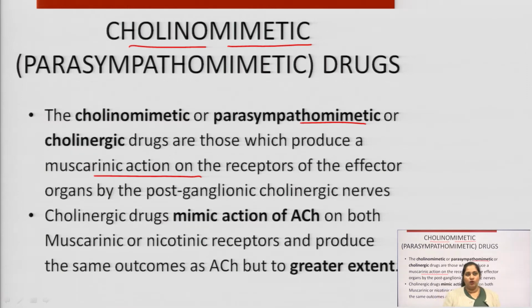Basically, cholinergic drugs mimic the action of acetylcholine either on the muscarinic receptor or the nicotinic receptor, and will produce the action as produced by acetylcholine. The only difference is they will be more potent, meaning they exert this action to a greater extent as compared to acetylcholine.